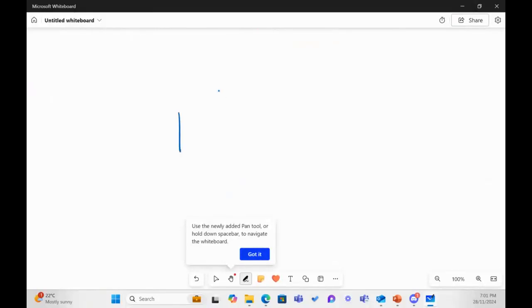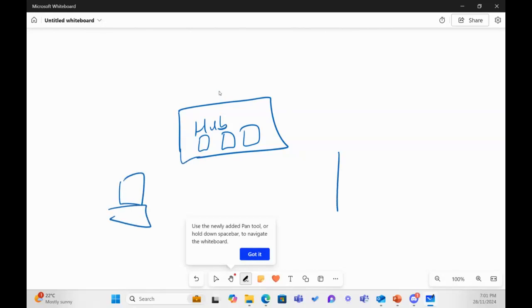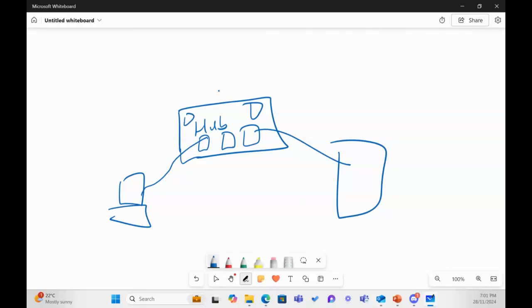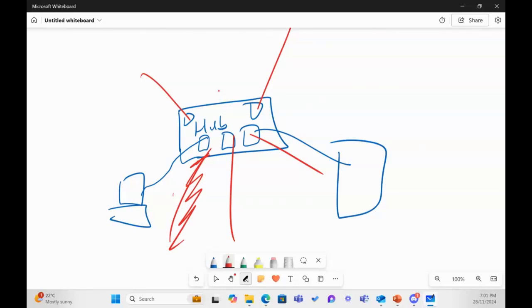In the old days, we used to have a hub. A hub did not have a CAM table or a MAC address table. What would happen is, all the time, if something went in that way, and we had other ports there, it would send that traffic out anyway, except from that one.